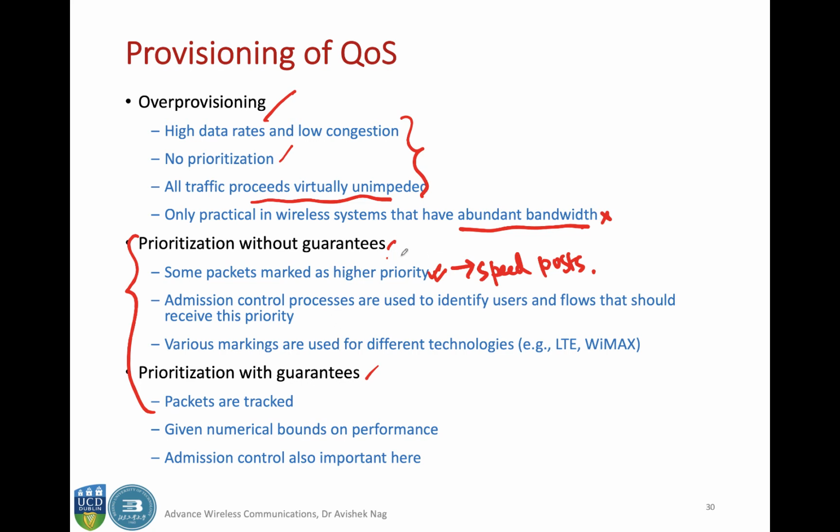Without guarantees means that there will be no guarantee or acknowledgement that the packet is received. Compared to that, in the case where you have guarantees, you have prioritization of the packets, but the packets are also tracked, and you have some guarantee that the packet is received. So these are the two methods of provisioning of QoS.